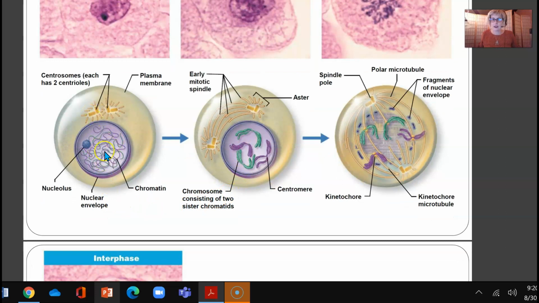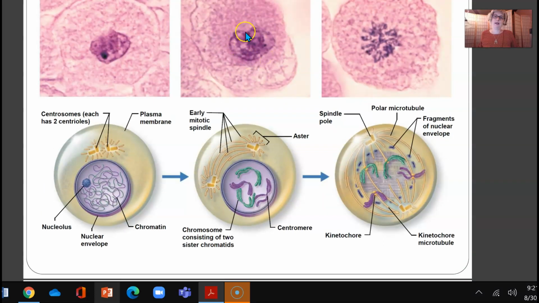Then when it goes to early prophase, the chromosomes will condense and become visible as two sister chromatids held together by the center, which is called a centromere. Don't confuse it with centrosome and centriole. I get that a lot from students. Centromere, centrosome, centriole. So what's happening in early prophase? As I said, the nuclear envelope breaks down, the nucleolus disappears, and the chromosomes appear.